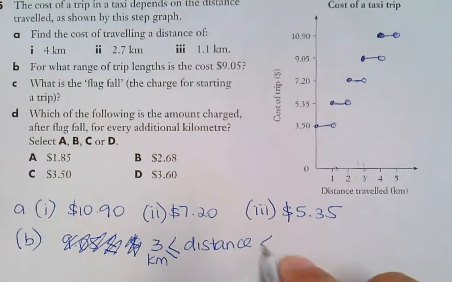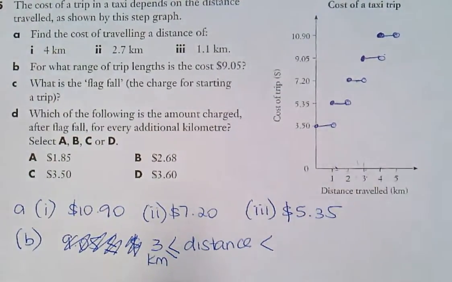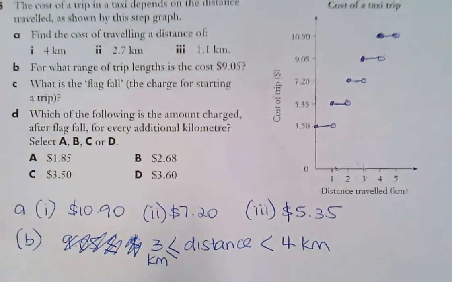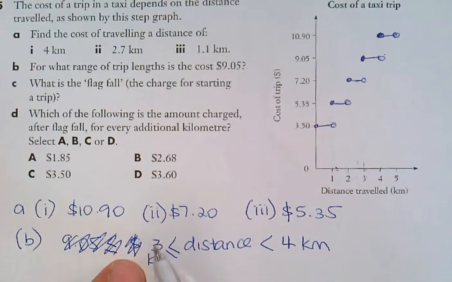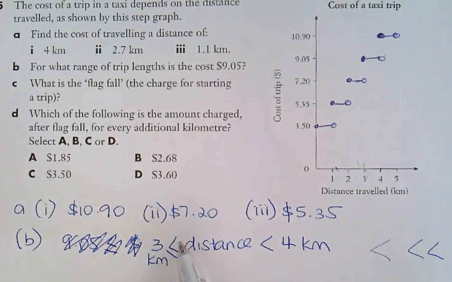Now I'm right. Do I put it equal for the 4? Because it's an open circle, it's less than 4 kilometres. So the distance is greater than or equal to 3, but less than 4. Notice all your symbols go this way. They don't go the other way. When you do these, they always go this way.